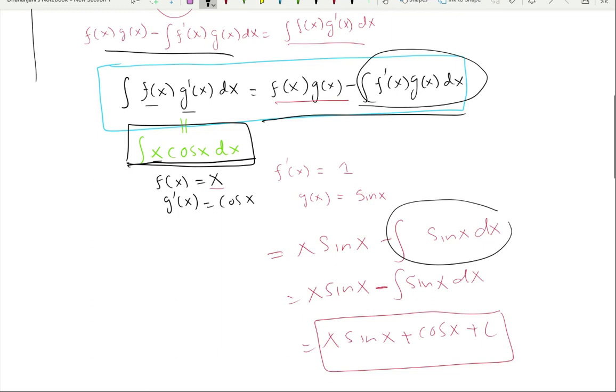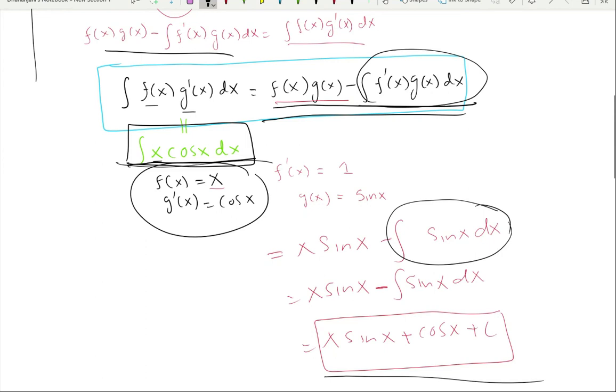After that, you decide what is f and what is g, and then fill out the right-hand side of the formula. If you do it correctly, you will integrate a super simple integral, and then you can find the answer for this complicated integral. That's what happens in integration by parts.